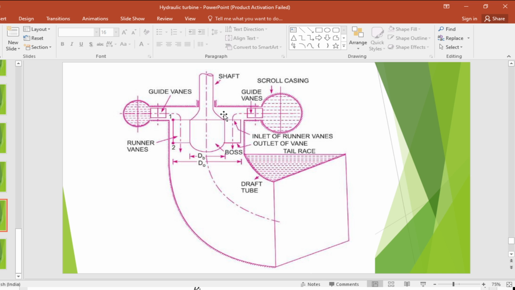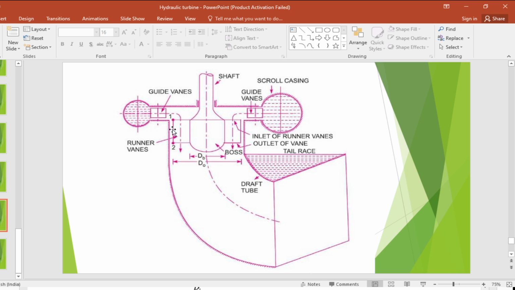The discharge through the runner is obtained by using the general expressions, I'll show it in the next slide. The inlet and outlet velocity triangles are drawn at the extreme edges of the runner vane, corresponding to this point 1 and this point 2.